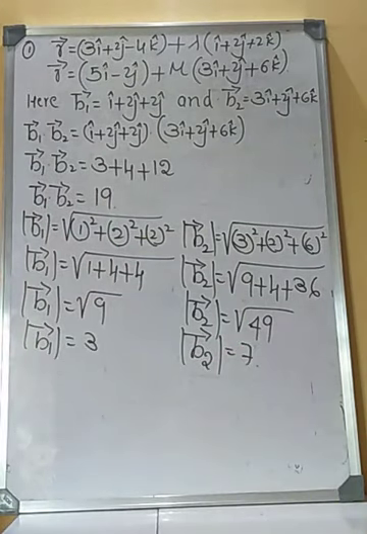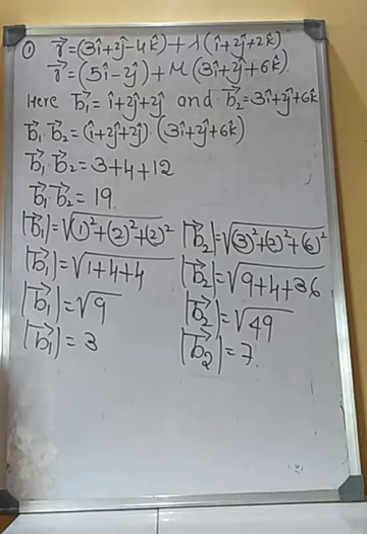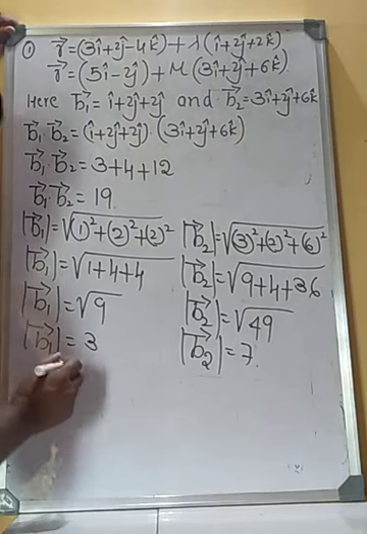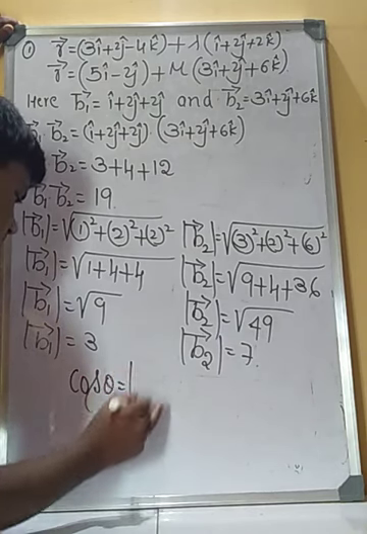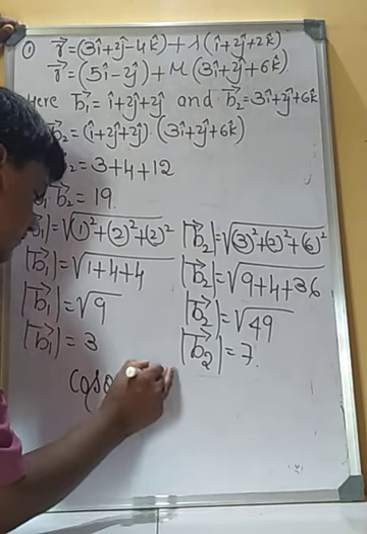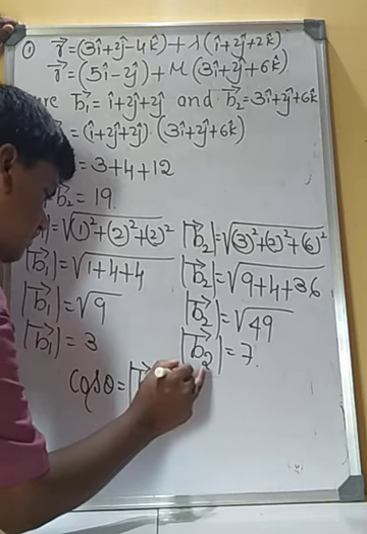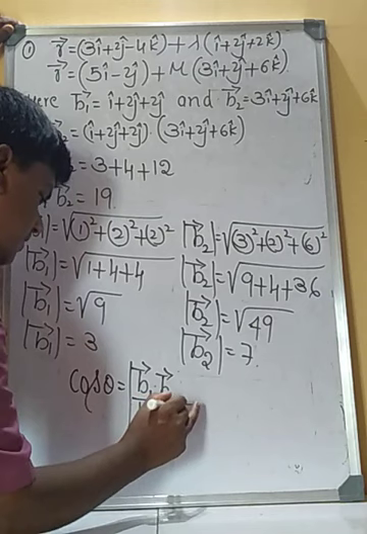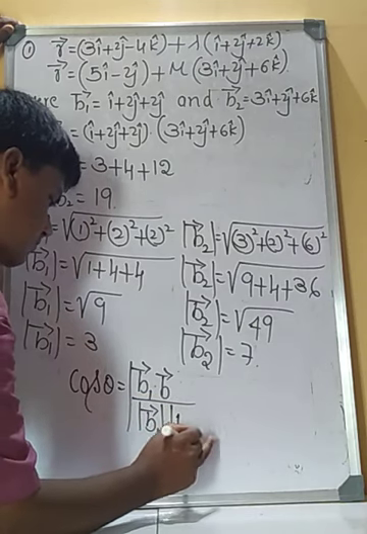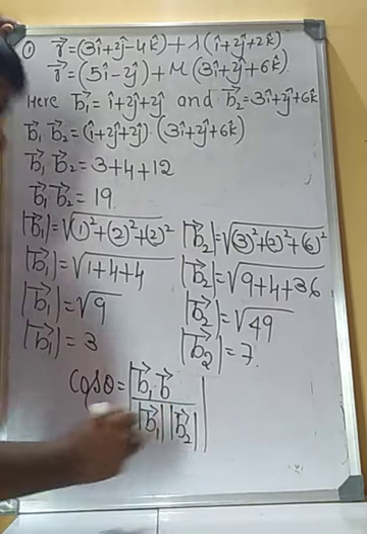Now the angle theta between the lines is given by cos theta is equal to magnitude of b1 vector dot b2 vector dividing by magnitude of b1 vector into magnitude of b2 vector.